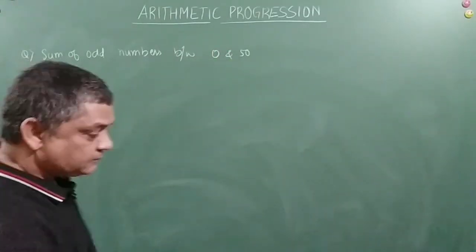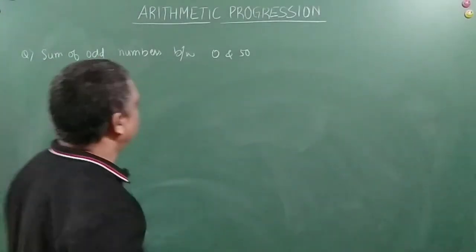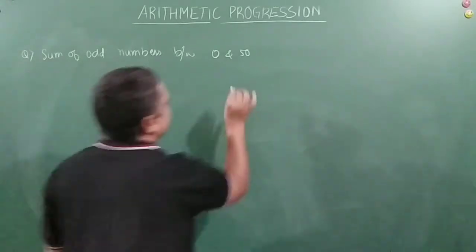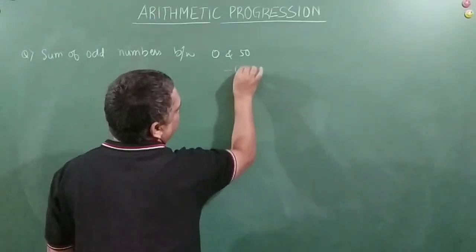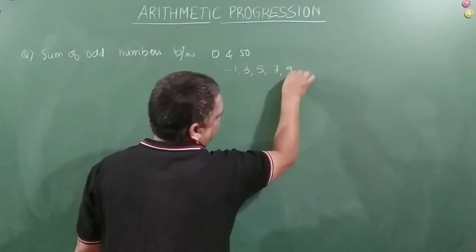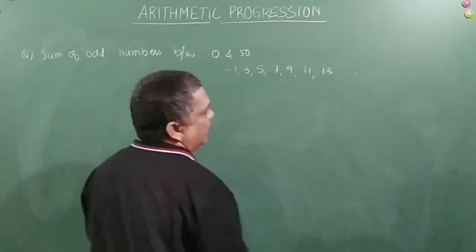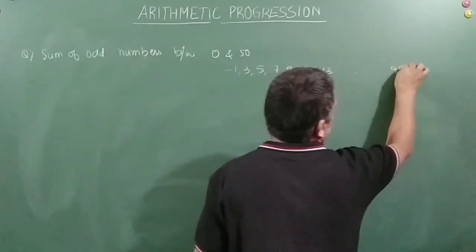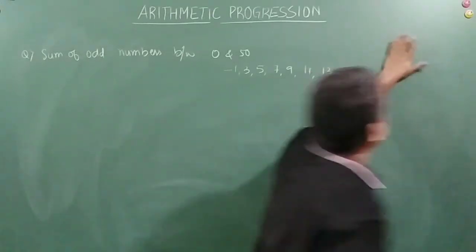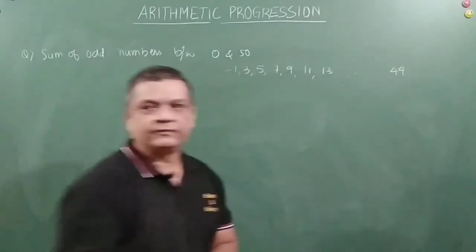Right, friends? So now the series will be what? This series will be 1, 3, 5, 7, 9, 11, 13, so on and so forth, and the last odd number will be 49. Right, friends?